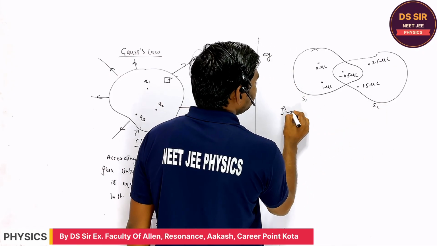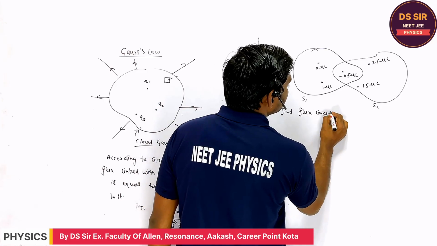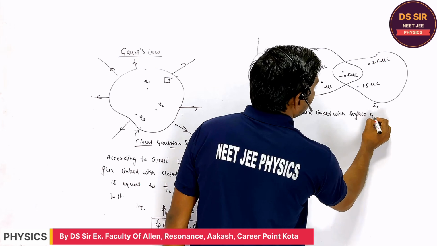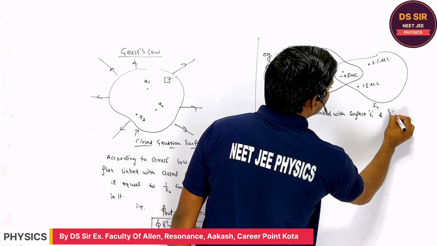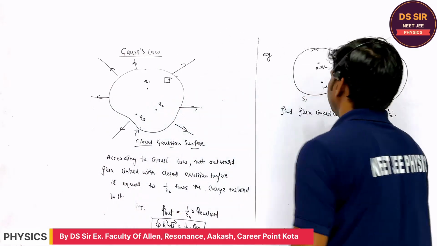You have to find the flux linked with surfaces S1 and S2. Copy this. So how to write the answer?